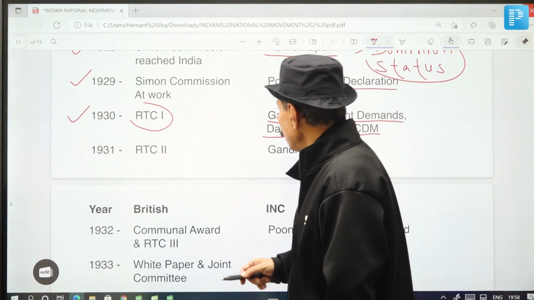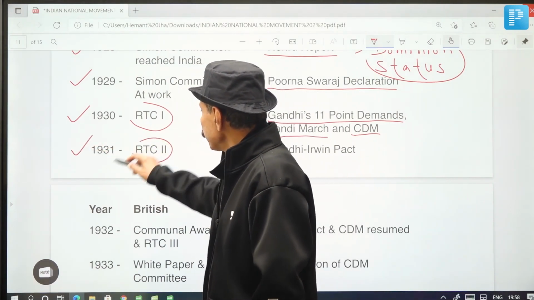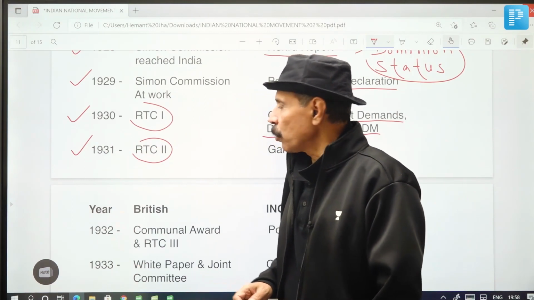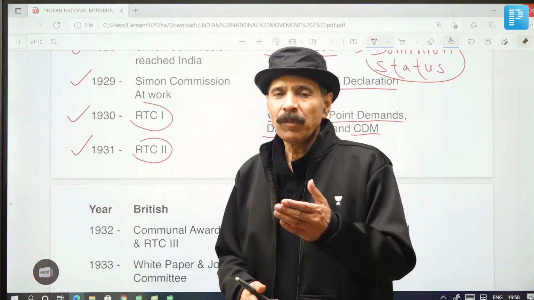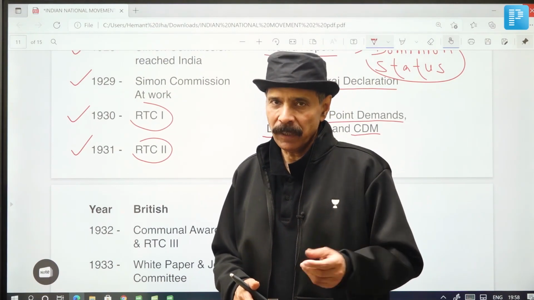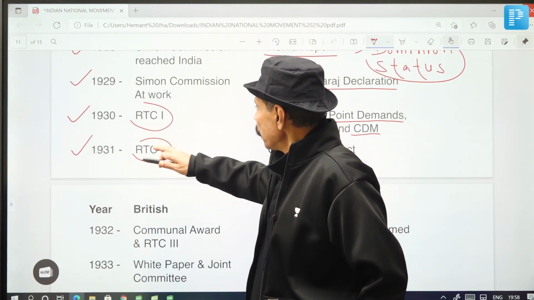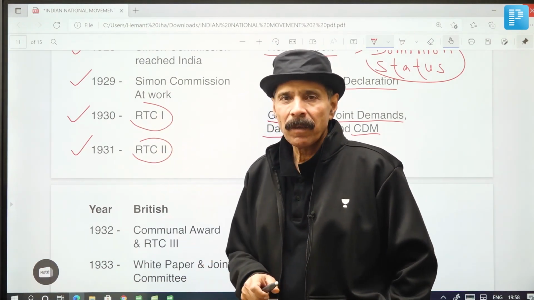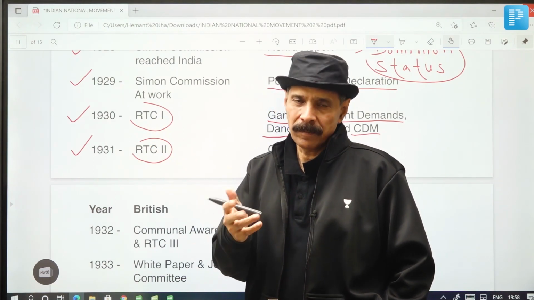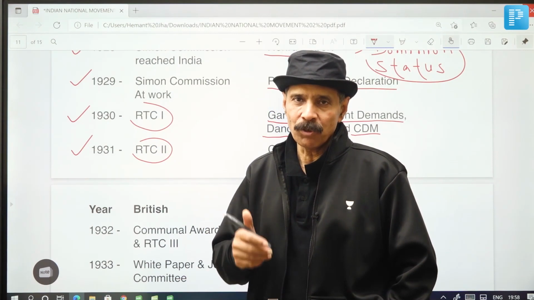In 1931, RTC 2, the second round table conference, was to be convened. And the British wanted Congress to participate because Congress had not participated in the first round table conference, as Congress was opposing and had launched a movement, that was civil disobedience movement.